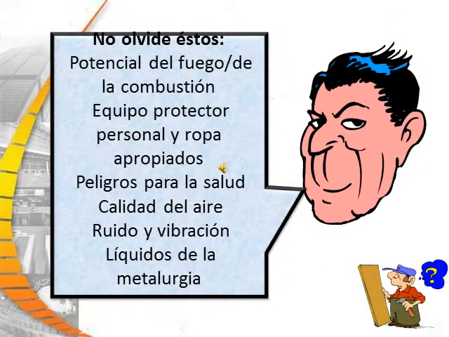Of course, when we're safety training, we'll need to include fire and combustion potential, the appropriate personal protective equipment and clothing, health hazards, air quality, noise and vibration, as well as metalworking fluids.